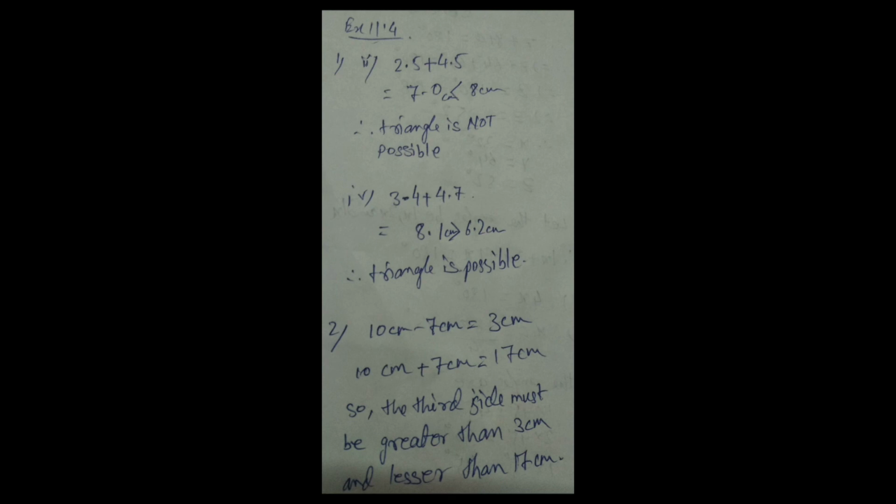So what we will do, we will subtract the length of two sides. First it will be 3 centimeter, then we will add the two sides, it will be 17 centimeter. So the third side must be greater than 3 centimeter and lesser than 17 centimeter.